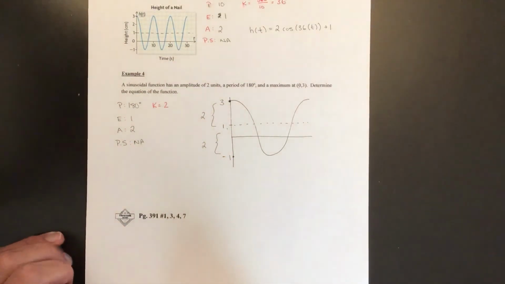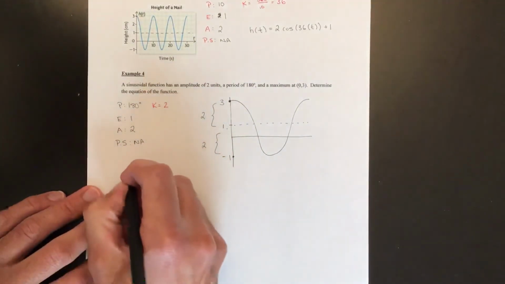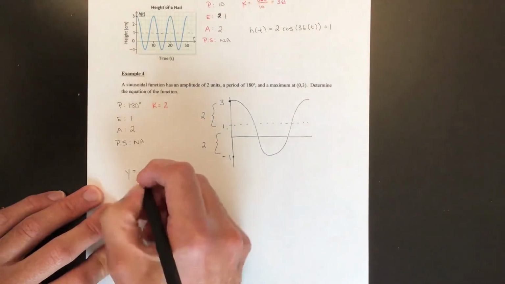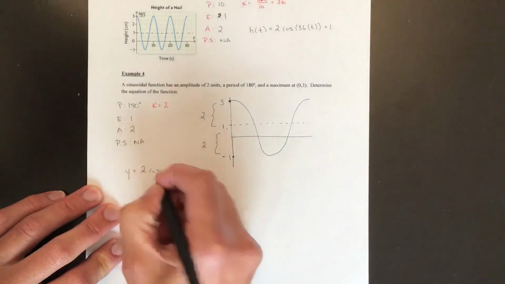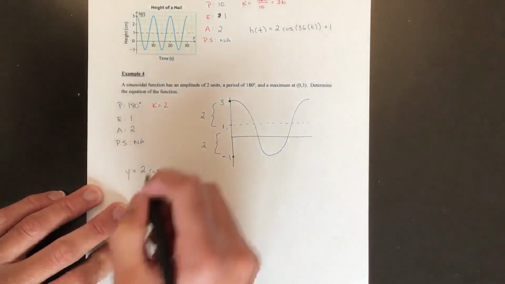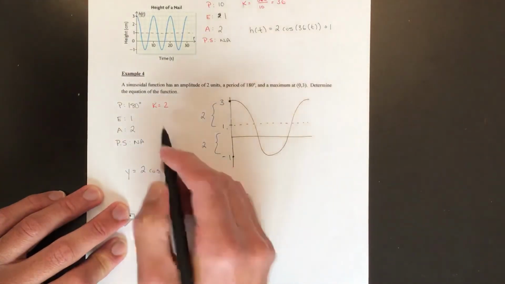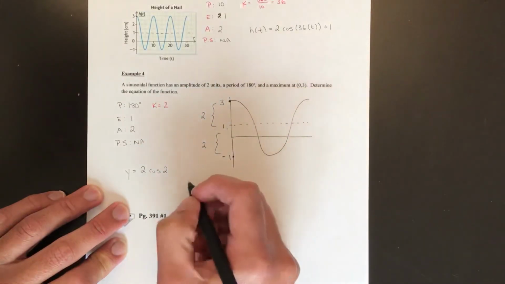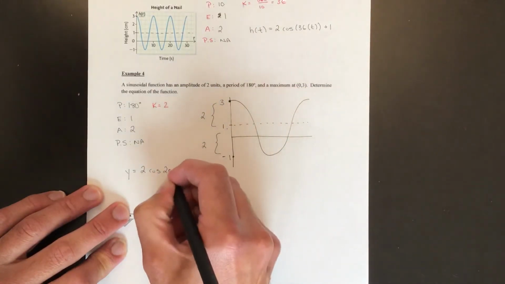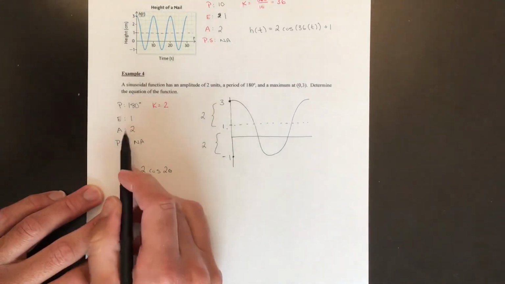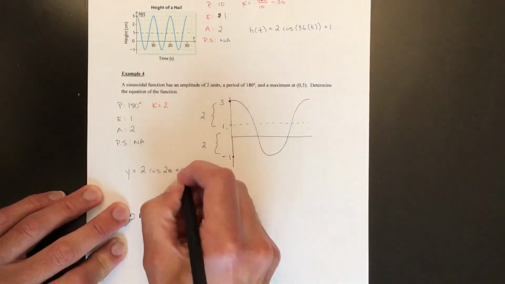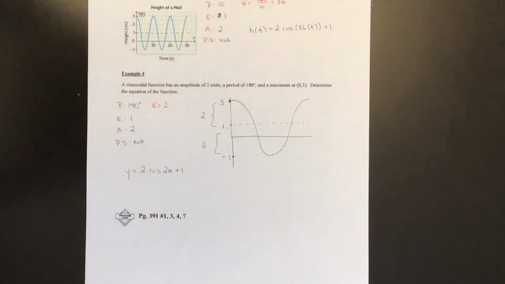So if we're looking for the equation, y equals amplitude. Again, I'm starting at a maximum point, so it's a cos curve. K value is 2. And in this case, we can use theta, and equation of the axis is a +1. And that's how we get our equation.